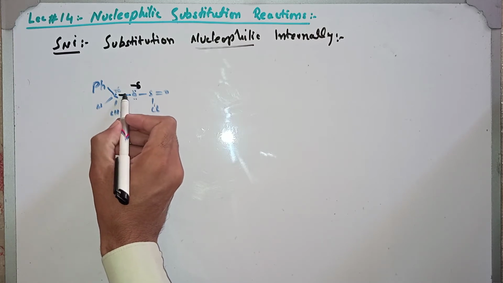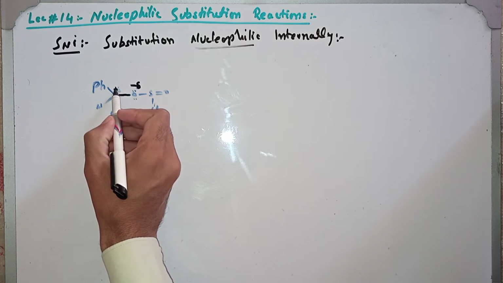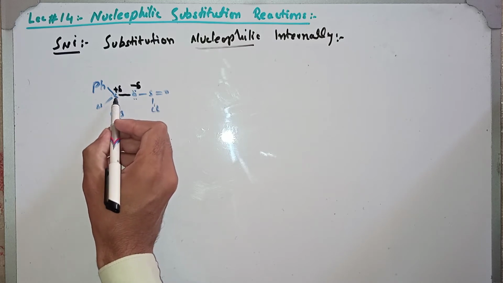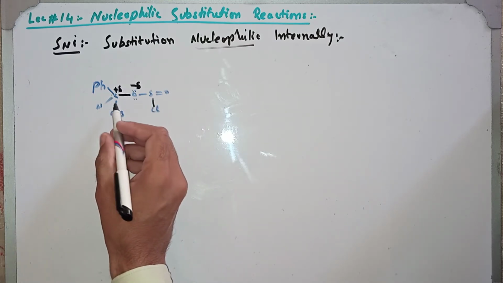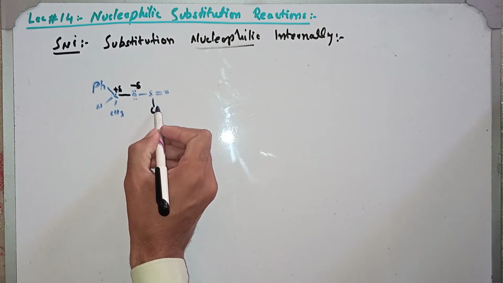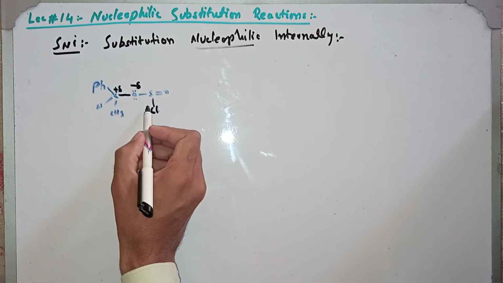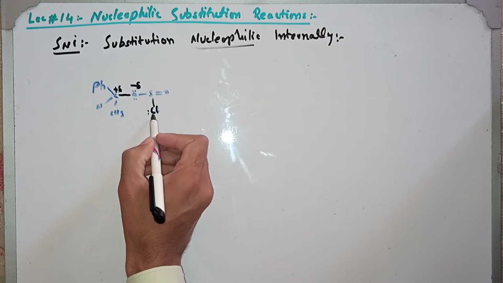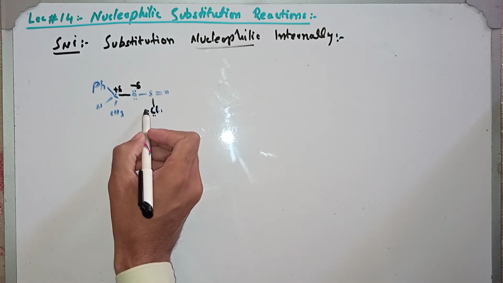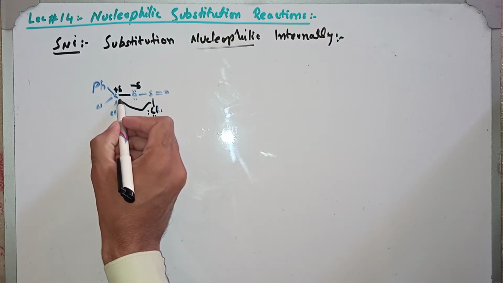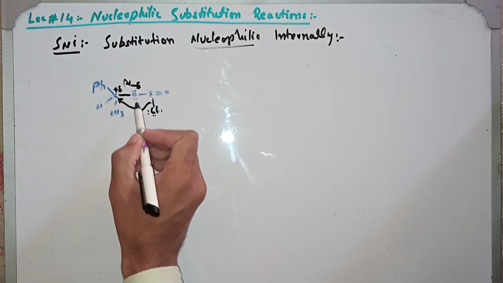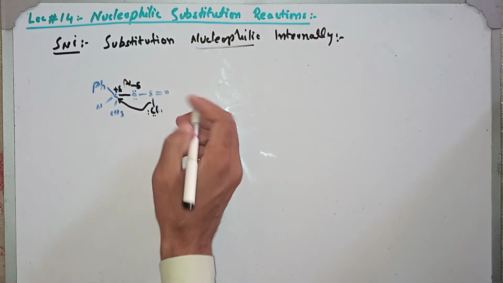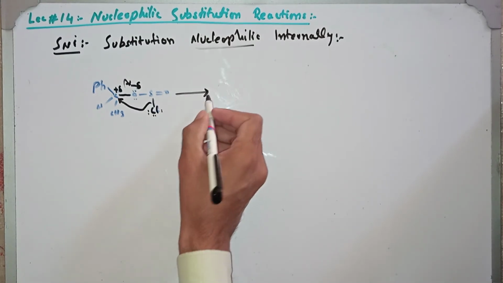Due to this polarization, the carbon gets a partial positive charge and acts as an electrophile. Within the molecule, this Cl acts as a nucleophile, and the bond shifts towards this carbon and it attacks this carbon. So the nucleophile is used internally and substitution occurs.